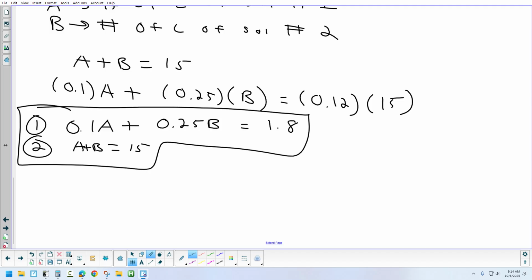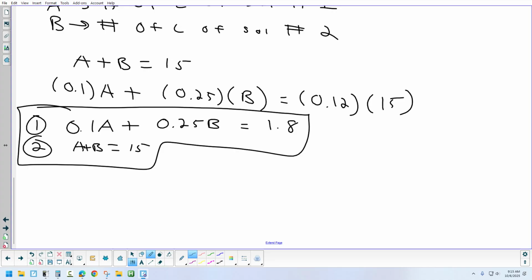That's a system. Two equations, two letters. Does anybody remember a method that we can use now to solve that? All right, we can plug something back into something. What's that method called? Substitution. Yep, that's the method we're going to use, substitution.